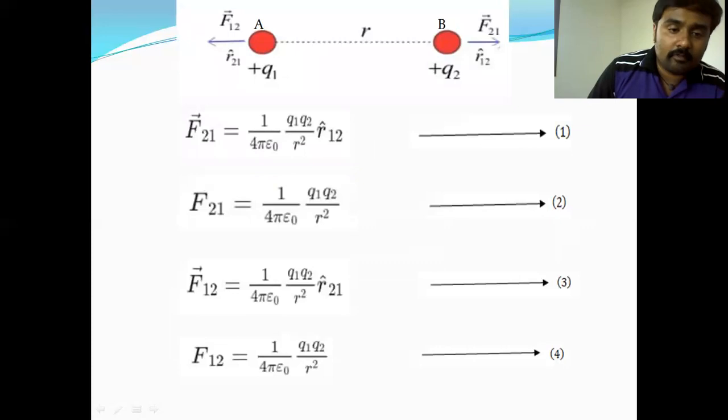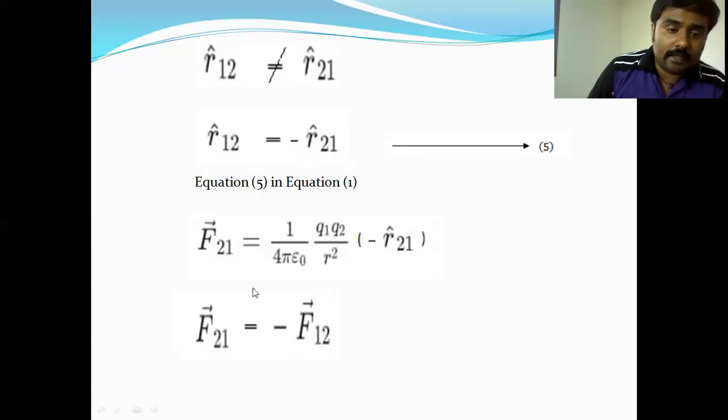What is that? That is the F12 vector. So finally we will get the F21 vector is equal to minus the F12 vector.